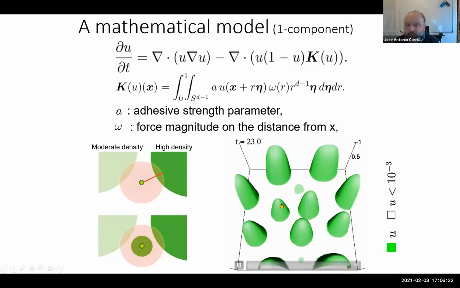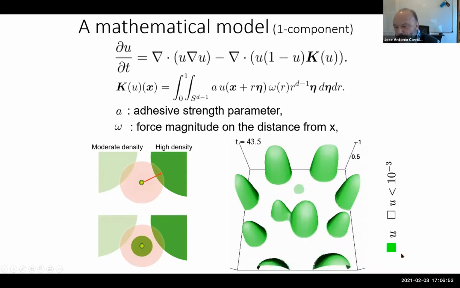So here you have a simulation of that kind, just one equation again, and you see the formation of these local droplets, concentrations of the density. You also see that it can change very slowly in time, and some of them will merge eventually until arriving at a steady state.